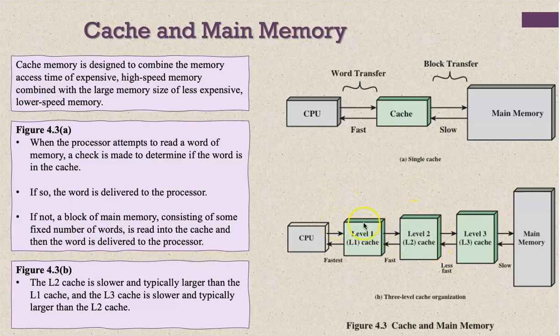So here we have the level 1 cache to be the fastest, level 2 to be fast, and level 3 to be less fast, and the slowest of all is the main memory. And then you would see that the level 2 cache is going to be bigger in capacity compared to level 1 cache, and level 3 cache is going to be bigger than level 2 cache, and of course the main memory is going to have the greatest capacity.